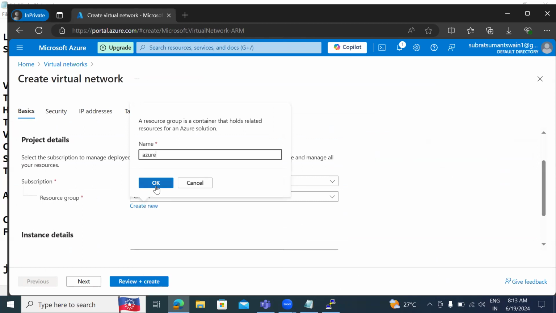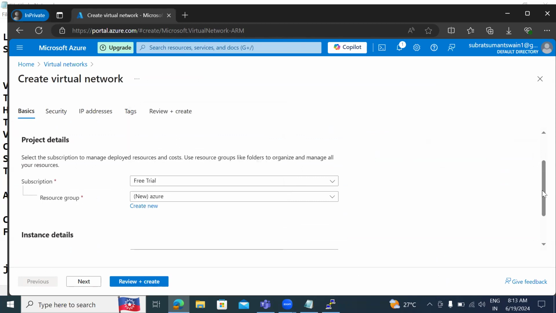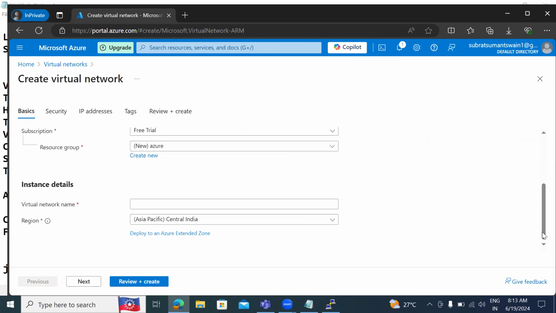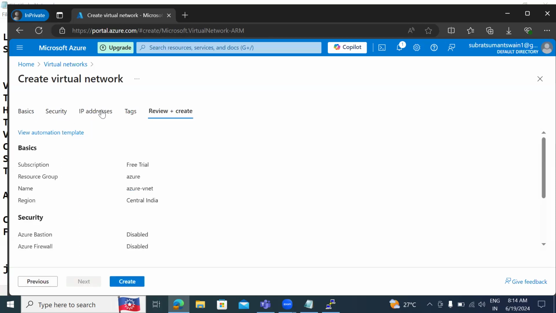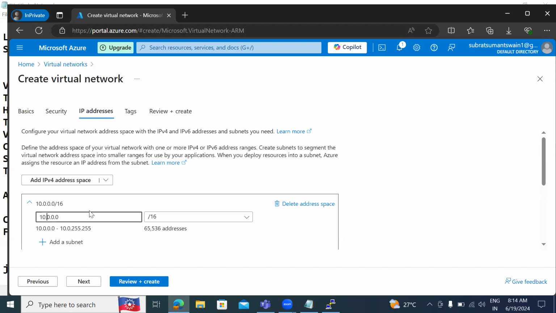I gave it the name Azure VNet, and the region is Central India. In review and IP addresses, I'll give 10.20.